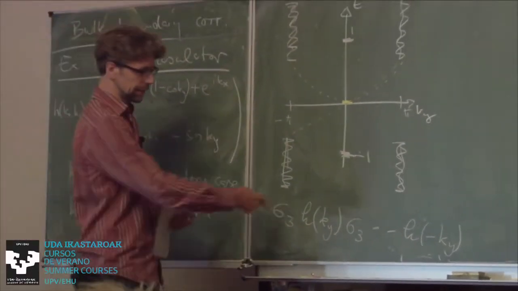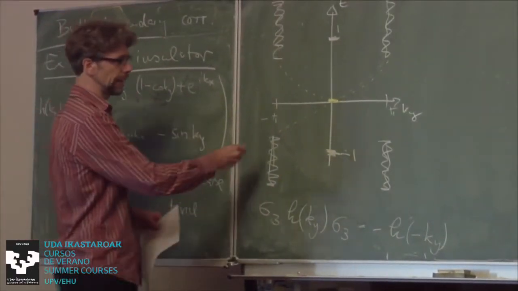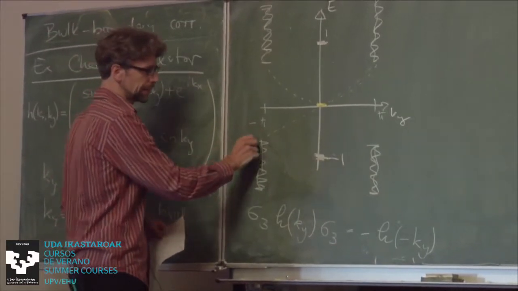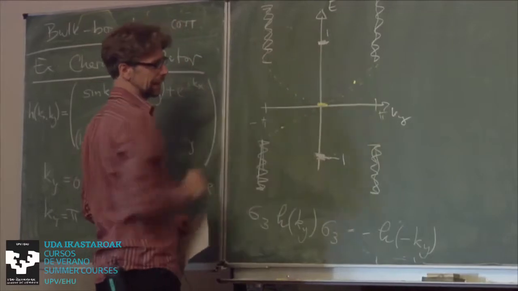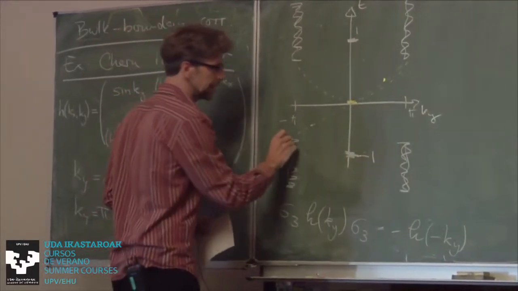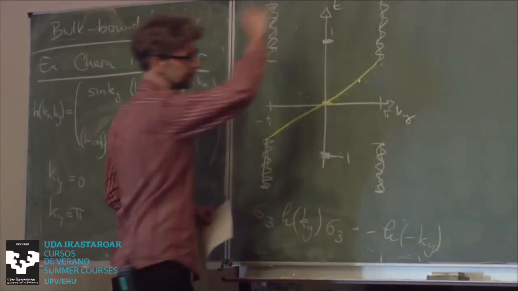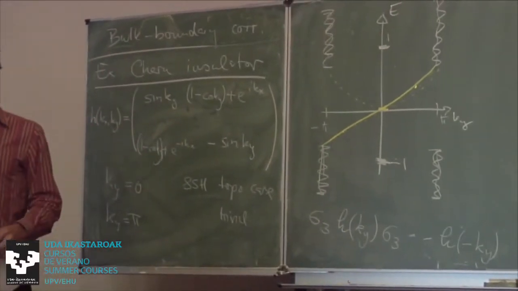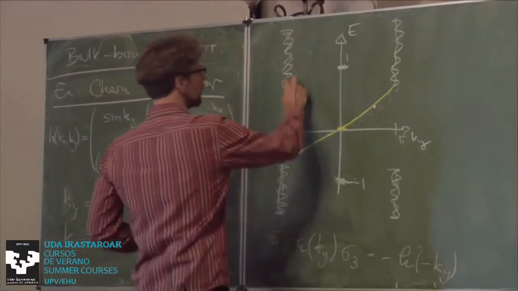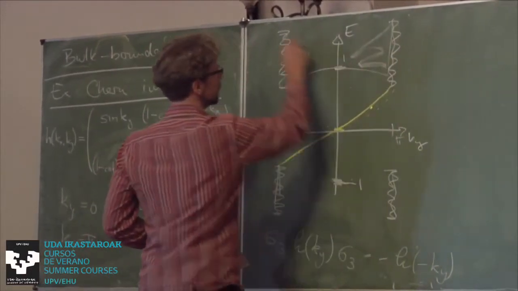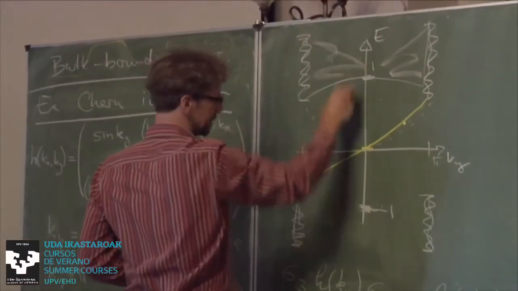And then, since it's local in kx, it needs to be obeyed also by this boundary mode. So then, if I have a state here, I have to have a state at the opposite energy, opposite k. So the only way to connect my boundary mode is this way, and it's indeed the Chern insulator that I produced, right? So it connects the two bands.